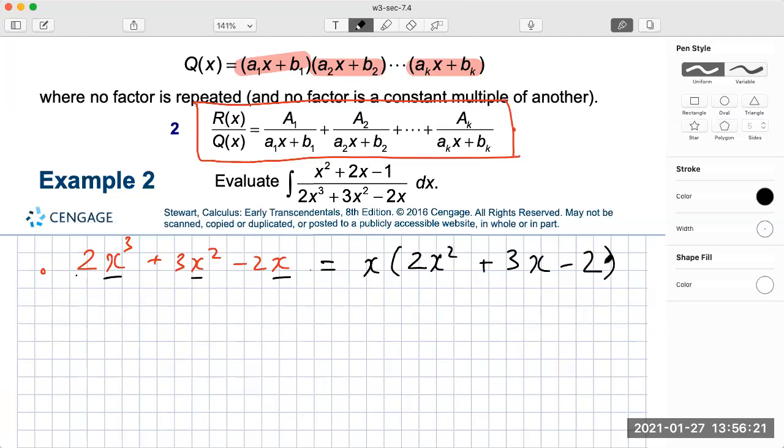Very good. Okay. What should we do here? Yeah, how can we factor it? Have any idea?